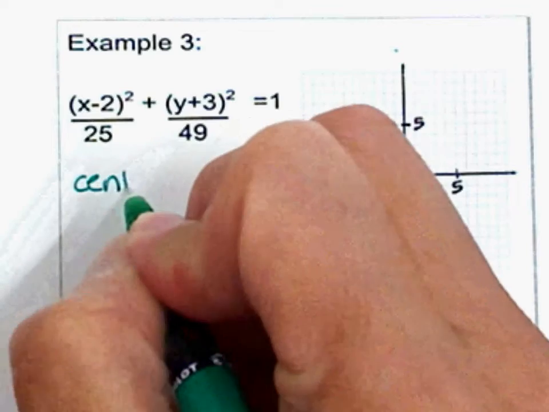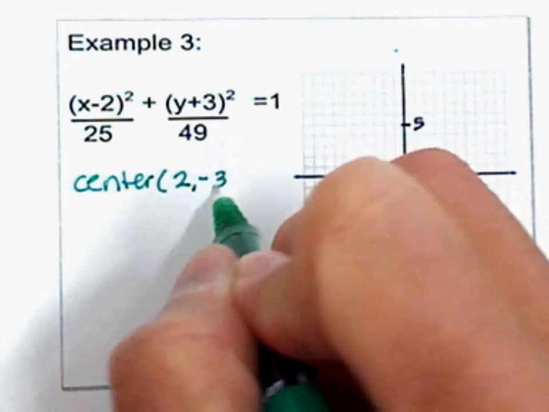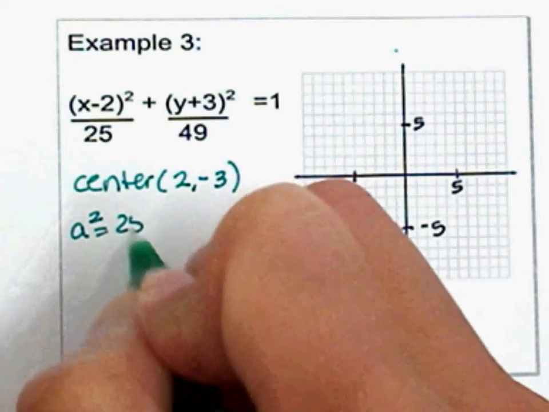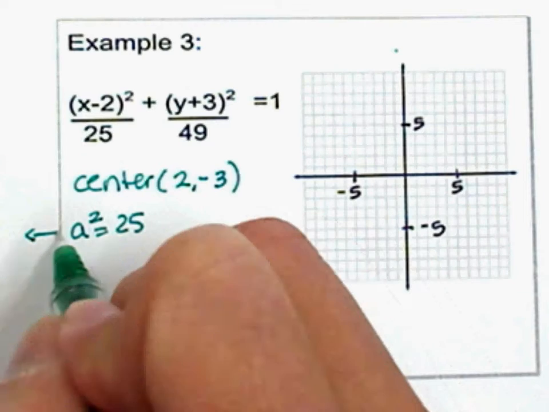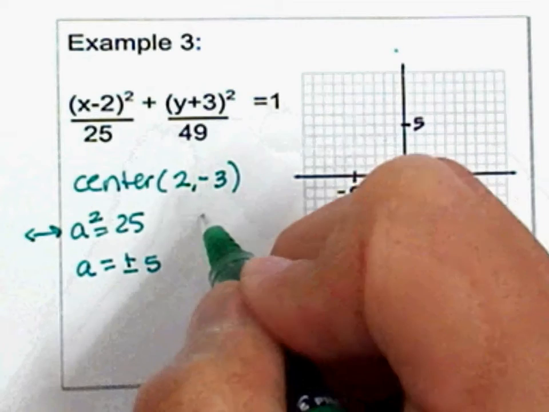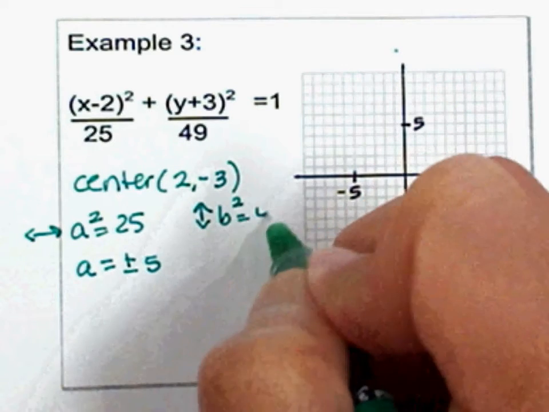Opposite of negative 2 is positive 2. Opposite of positive 3 is negative 3. Your a squared is 25. A goes left and right. Remember that? So a is equal to plus or minus 5. Your b goes up and down. So b squared is 49. B is plus or minus 7.